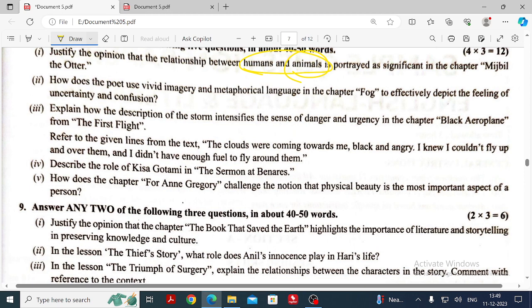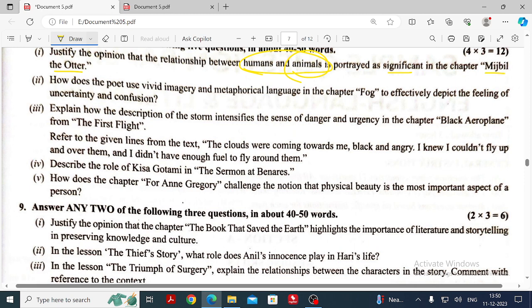So that lesson itself indicates that the very first line is very important: without a pet animal, they will definitely feel lonely. And then see the question, justify the opinion that the relation between humans and animals is portrayed as significant. In the morning we discussed the essential thing, the author Mitchell. Remember, when you get into the question, you should analyze again and again.